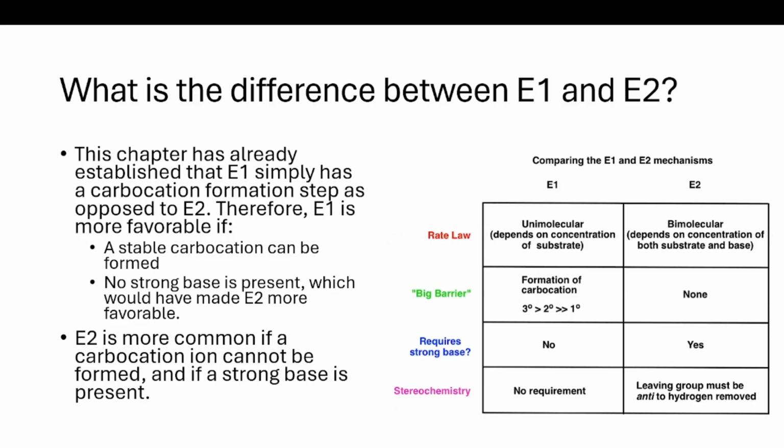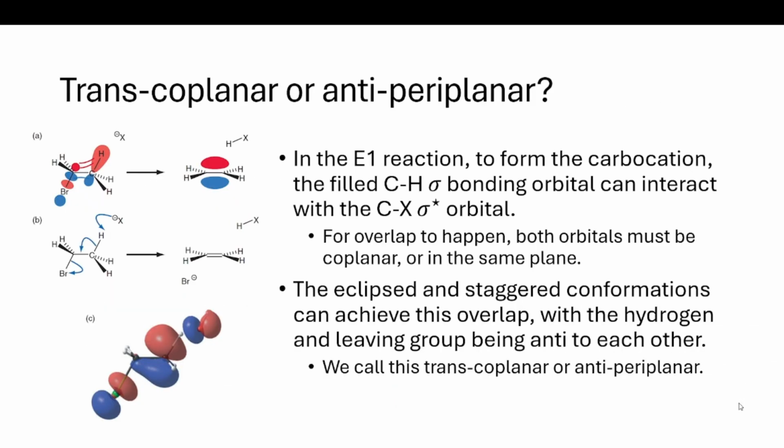The same is true vice versa: E2 is more common if you cannot form that carbocation or if some sort of strong base is present. In addition, as you can see in this table, for E2, the leaving group must be anti to the hydrogen removed, showing the effects of transcoplanar geometry.